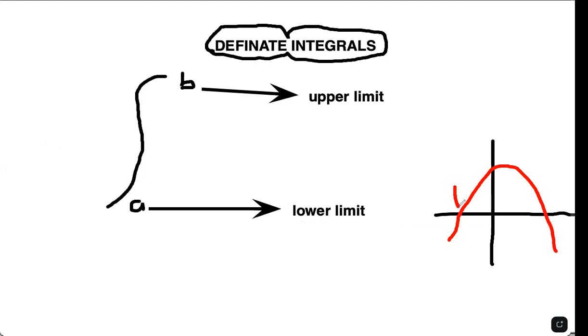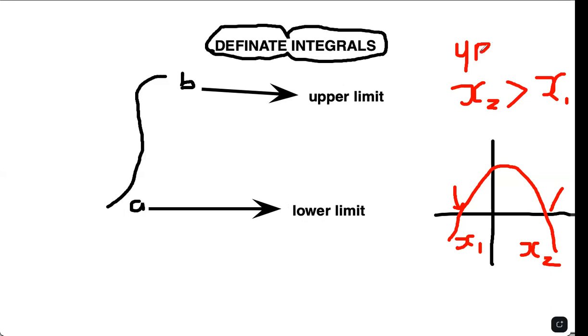This point here will give us x1. This point here will give us x2. And when you compare x2 and x1, x2 is bigger than x1. In that, this one is on the upper side, this one is on the lower side.